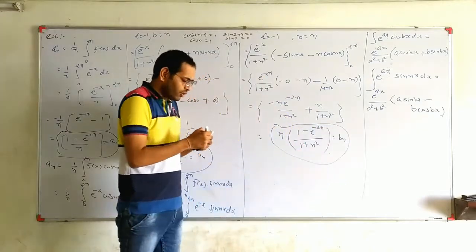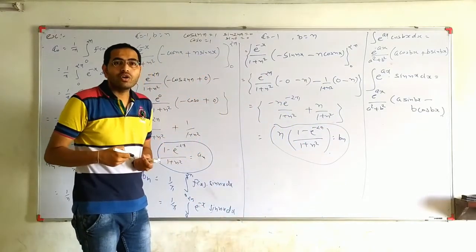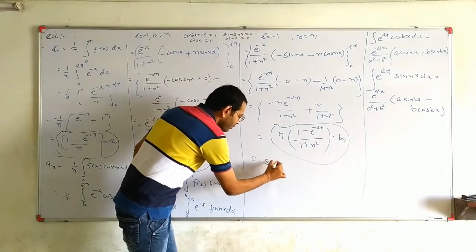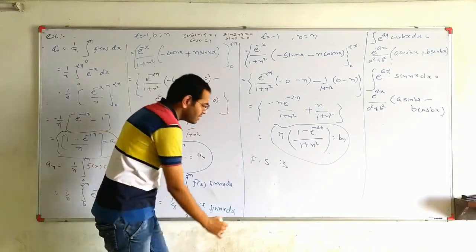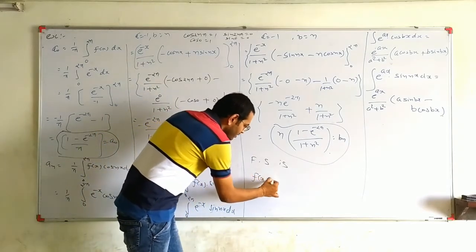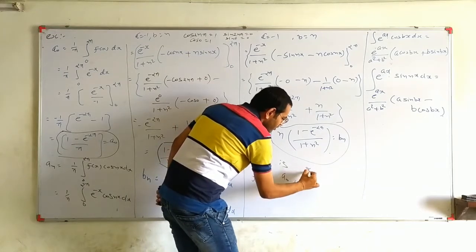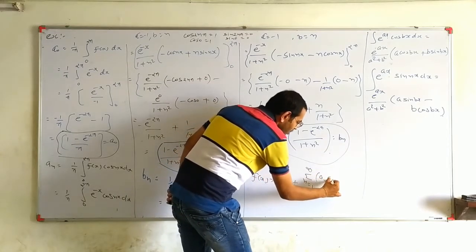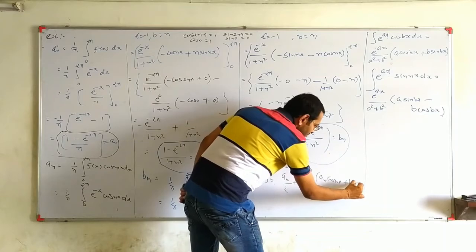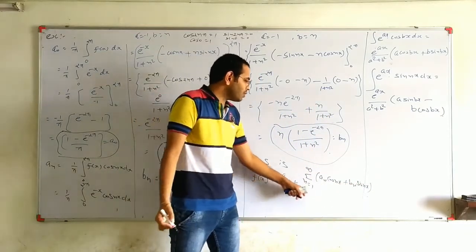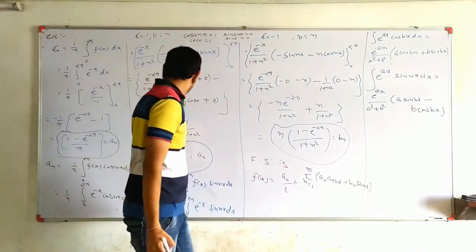Now substituting the values of a0, an and bn in our formula of Fourier series, f of x equal to a0 by 2 plus summation n equal to 1 to infinity of an cos nx plus bn sin nx. Just substitute the values of a0, an and bn.